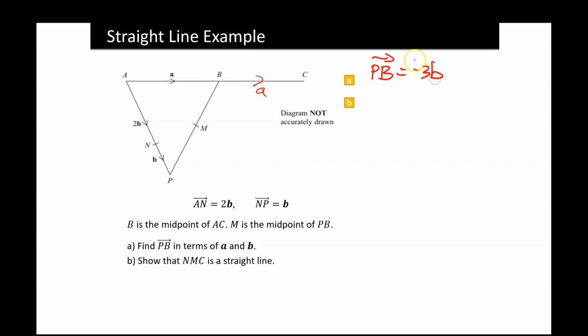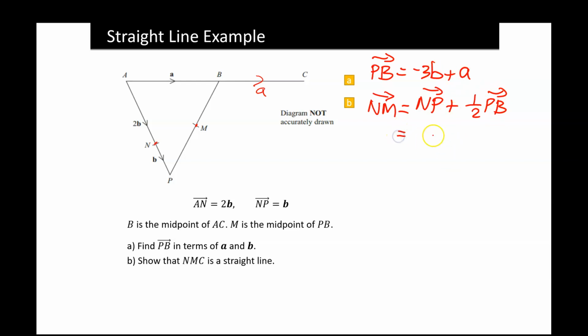And as I said, it doesn't really matter which way round you write it. You could write A minus 3B. So that's the first bit. Now we need to show that NMC is a straight line. So let's do N to M. So if we do N to M, okay, it's basically going to be NP plus a half of BP, which we've already worked out quite handily.